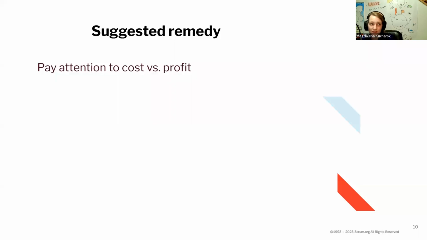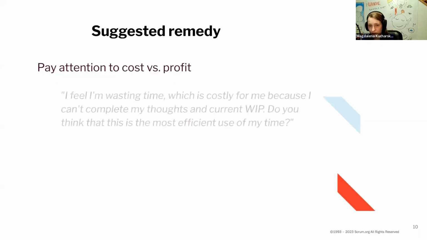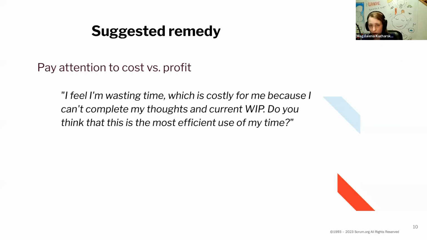So, suggested remedy, one of my favorite questions: pay attention to cost versus profit. For instance, if I'm answering a question for you, Scrum Master, what am I not doing right now? Is your question more important for the product than me working on my own task, on my own bringing value?